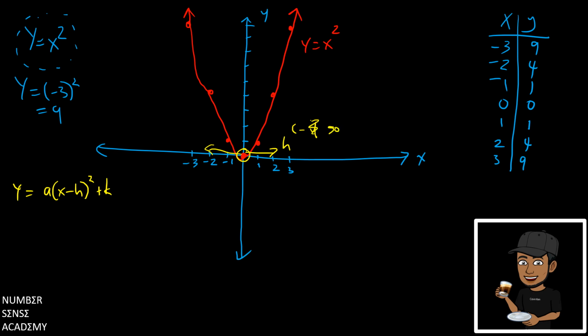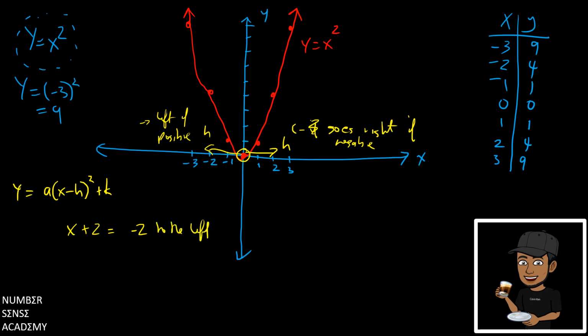If I have x plus 2, that means I go 2 to the left. If I have x minus 2 in the brackets, then I go 2 to the right.